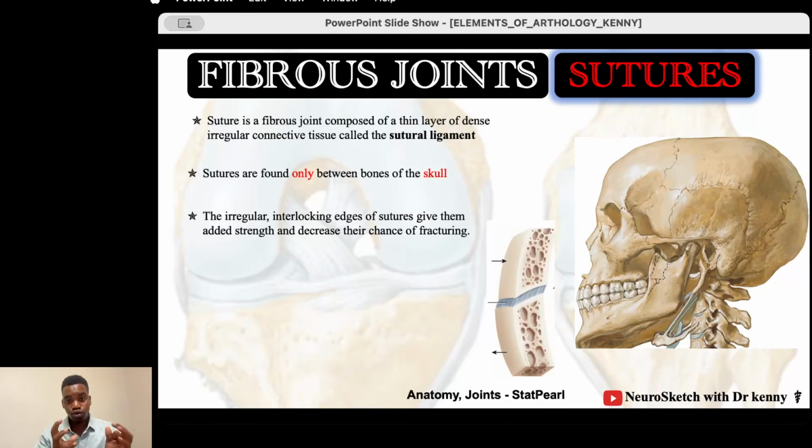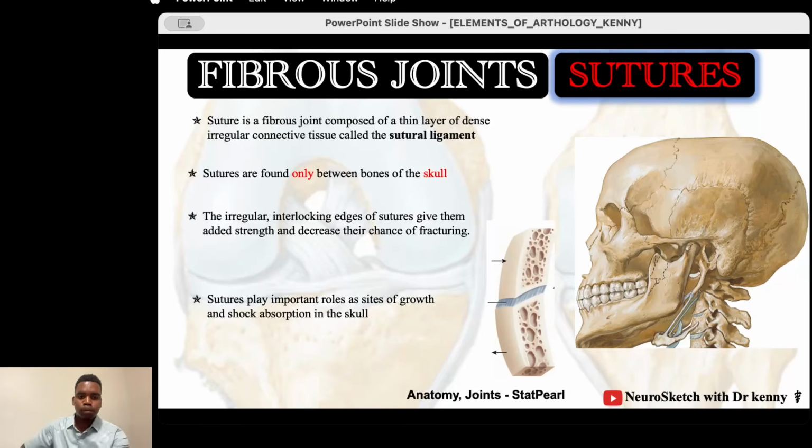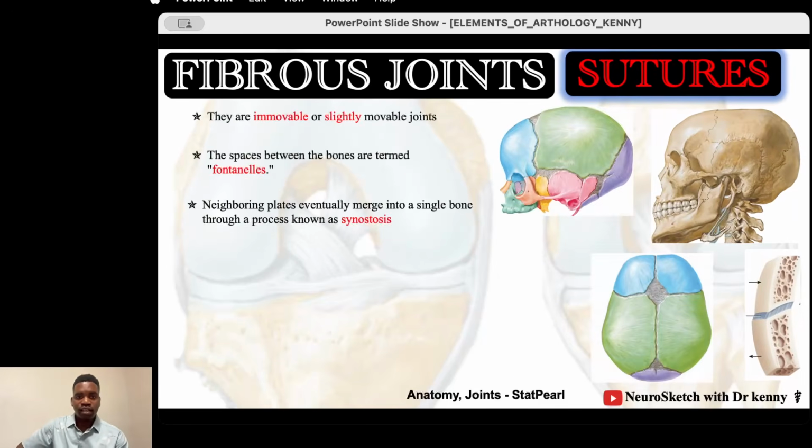The sutures act as shock absorbers when the head is experiencing stress. They are also important for growth. As I've told you, most of the fibrous joints are immovable, but the suture can be immovable or slightly movable.